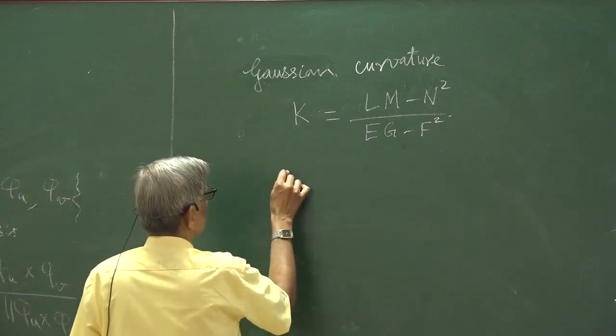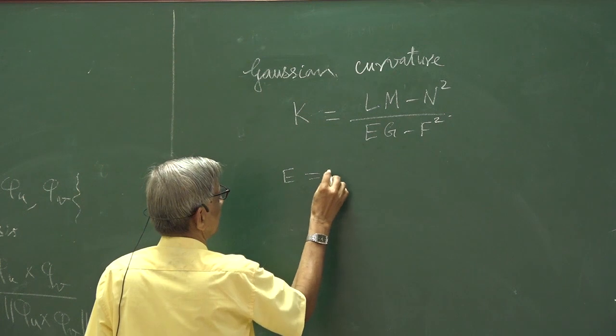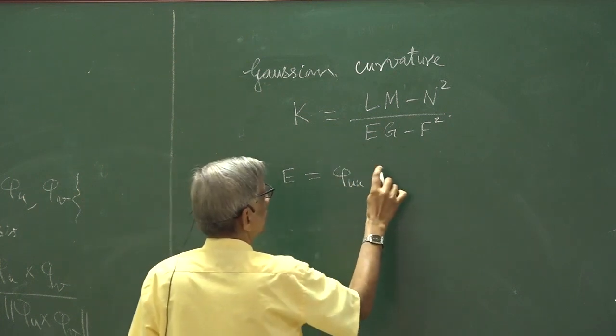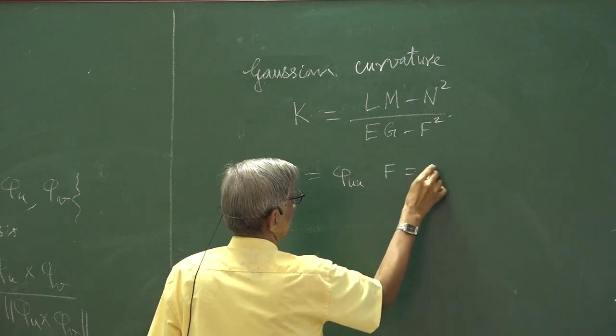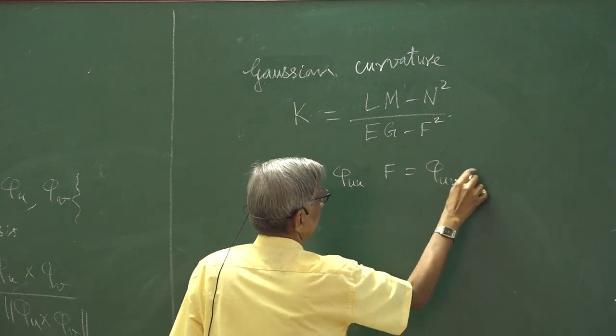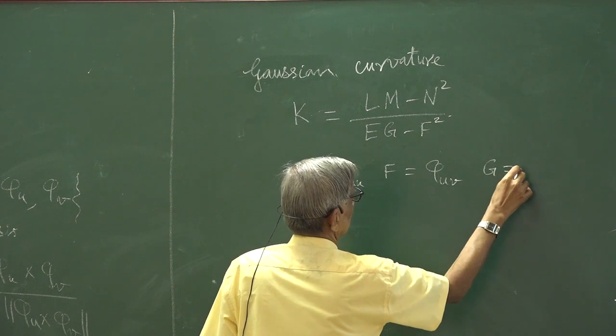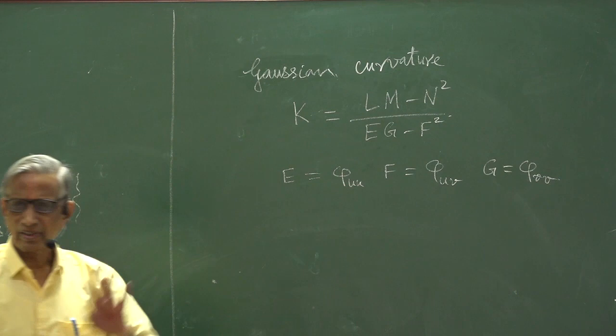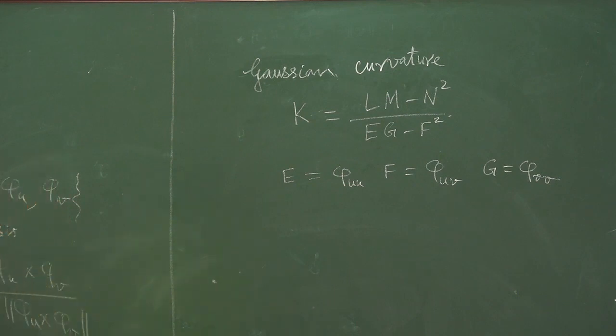So E is phi u dot phi u, F is phi u dot phi v, G is phi v dot phi v. Because the functions are all smooth, phi uv and phi vu are going to be the same, so you can write either way here.